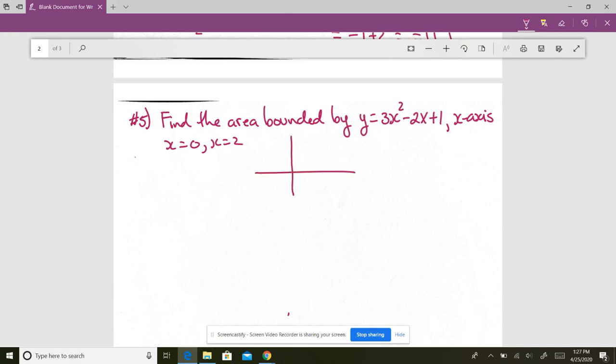It has a y-intercept of 1. Down, and it looks like that. Bounded by x is equal to 0 and x is equal to 2. Just guess where 2 is. So we're finding this area in here. What that means is setting up the integral from 0 to 2 of this function with your variable of integration dx in it.